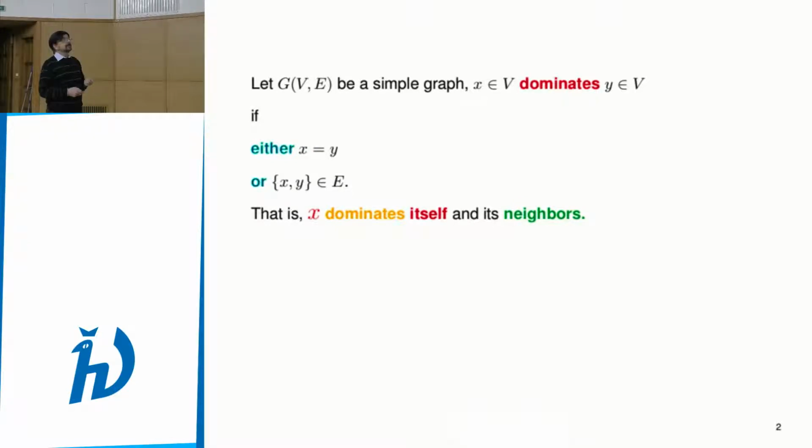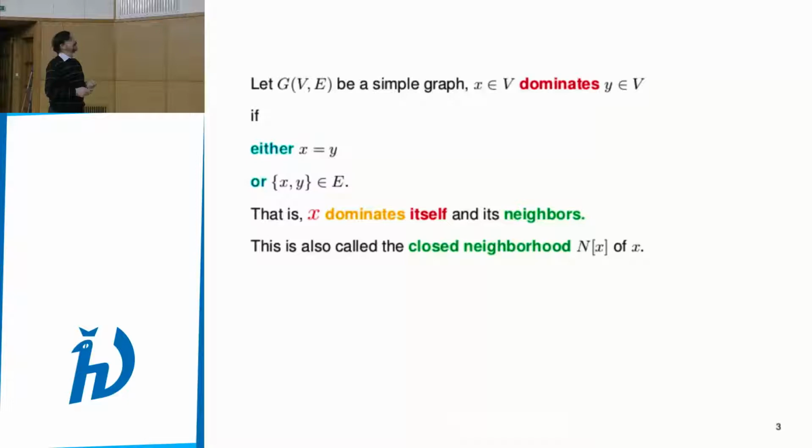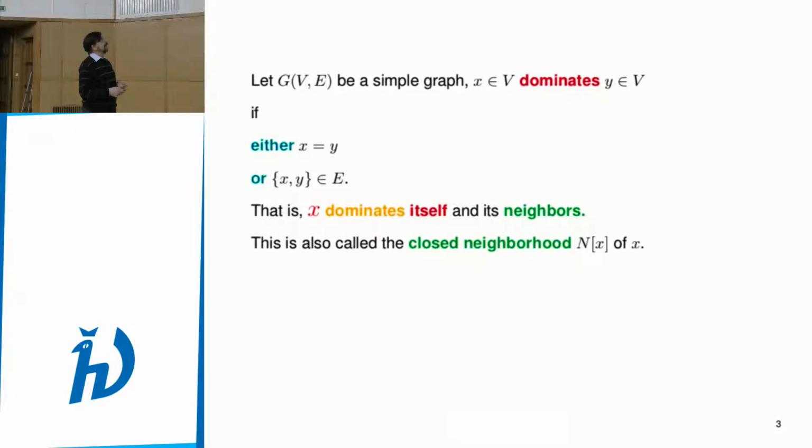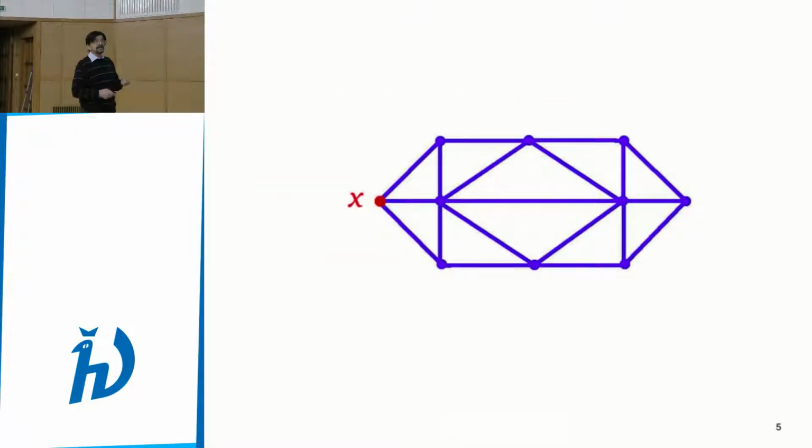In other words, this is very often called the closed neighborhood of x, and this is the notation. So the vertex itself and the neighbors. And I give an example.